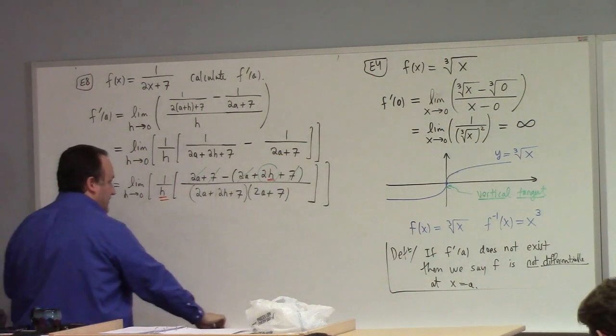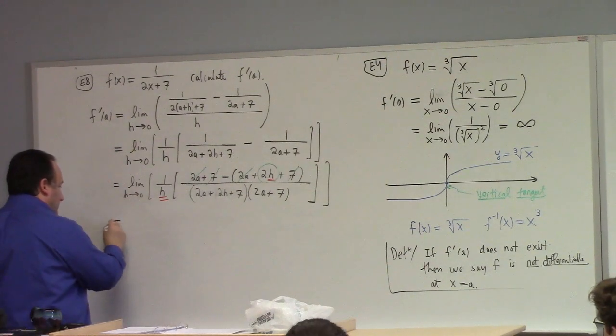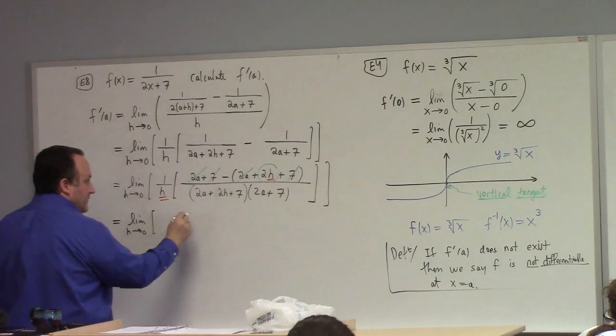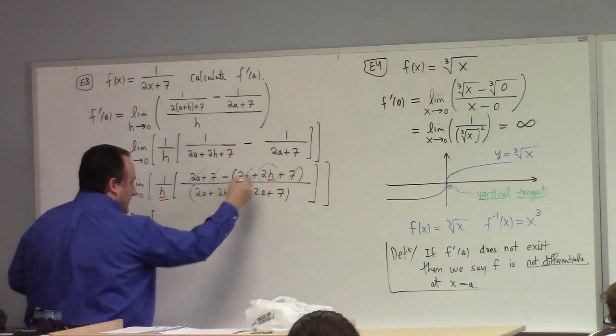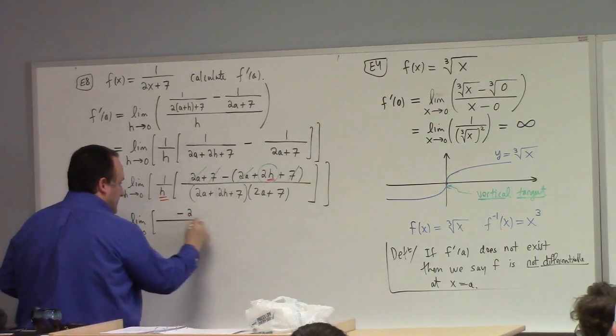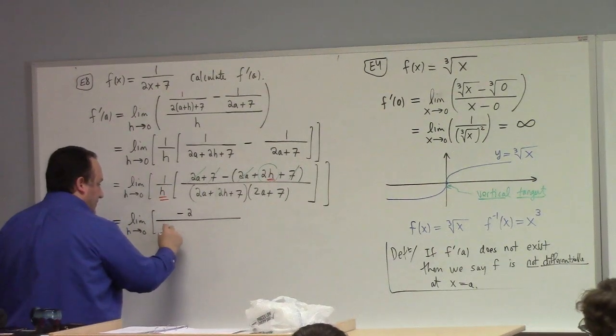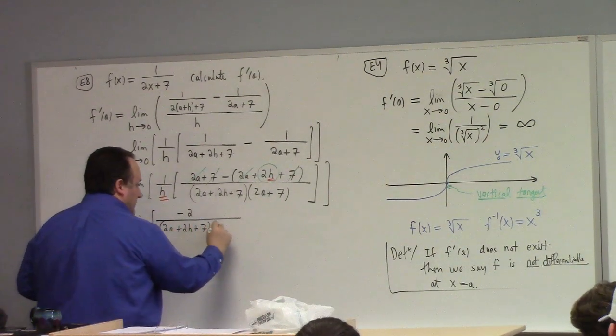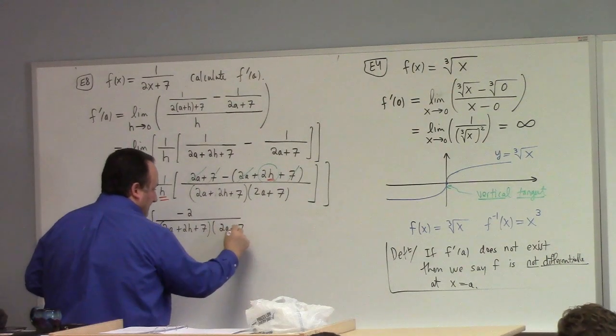So making this reduction, this simplifies to limit as h goes to 0 of, there's a minus times a 2, so I got a minus 2 upstairs. And downstairs I've still got that pesky 2a plus 2h plus 7 times 2a plus 7.